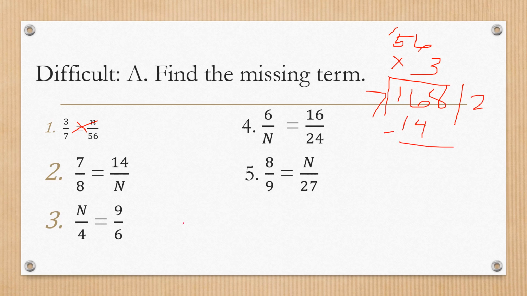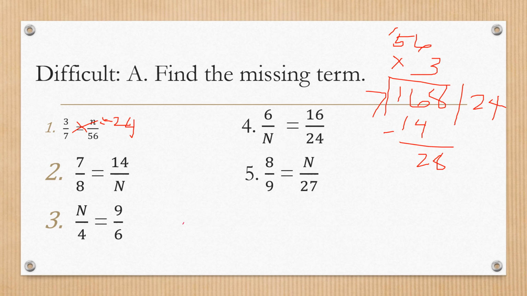Then we got 28 divided by 7 is equals to 4. So your n here is equals to 24. Okay, so the n is 24. 24 times 7, that's 168.